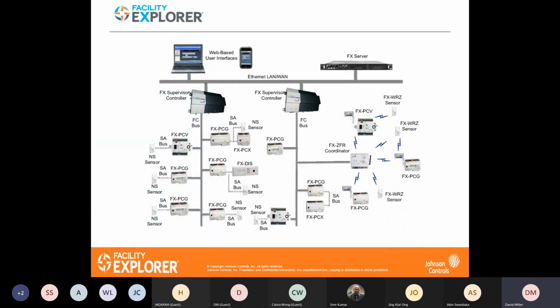So the Facility Explorer BMS product consists of an FX server and FX80 supervisory controllers connected on a local area network, and then with a series of field devices underneath each of the supervisors.